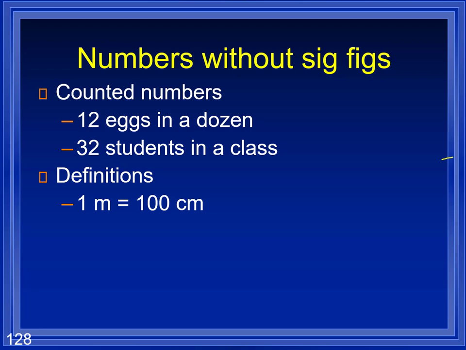There's no estimated number. The definition of a meter is not somewhere near 100. It is 100. It's not 99. It's not 101. The definition is 100. It's got to be exactly 100, and exactly 100 is 100.0000. Those zeros continue forever, and they would all count as sig figs.